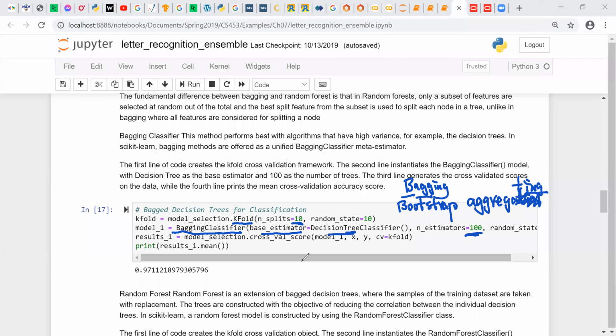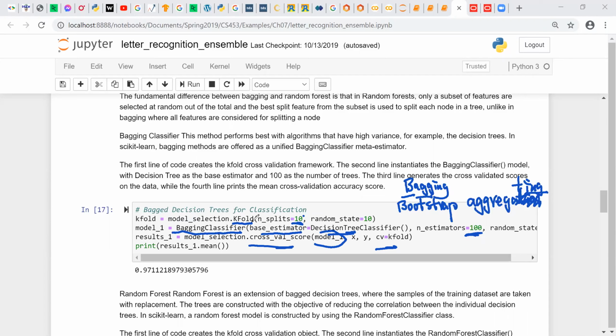Then did you see, the bagging is this model 1, and for bagging we do cross-validation, and we use that fold. Over here you see it's quite comprehensive already, not like previously when we learned just a single learning algorithm.